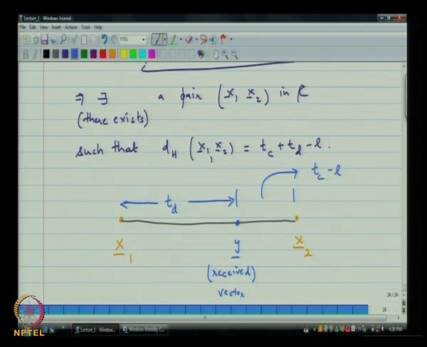Now, there is something to prove here, because you have to show that given two vectors x1 and x2 whose Hamming distance separation is t sub c plus t sub d minus L, you can actually find a vector in between them, such that the sum of the distances from x1 to y and from y to x2 adds up to t sub c plus t sub d minus L. But that is fairly easy to see, because an alternative interpretation of the Hamming distance is simply the number of symbols that you need to change to go from x1 to x2.